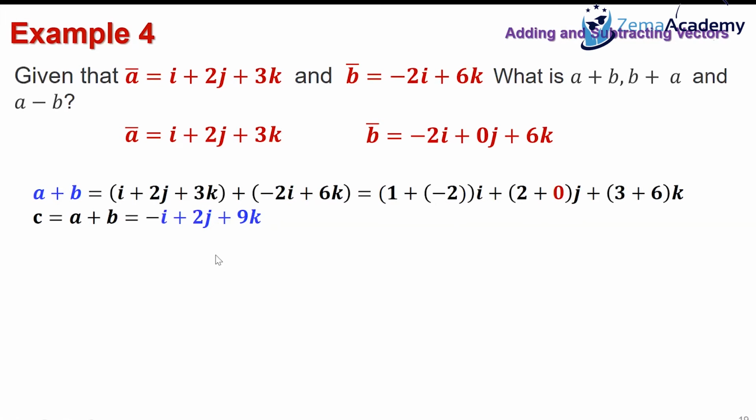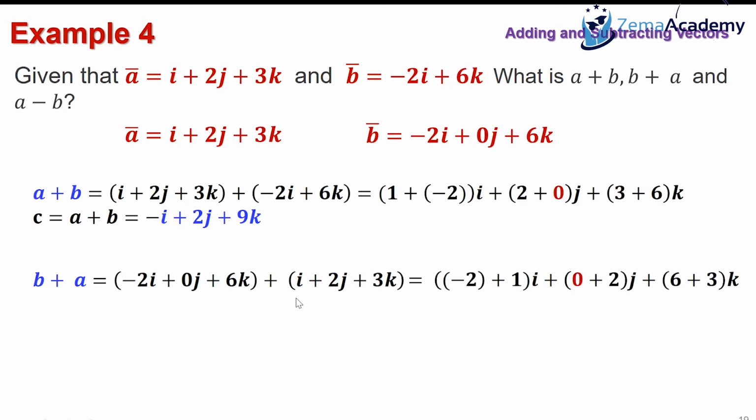From here you are getting 2j, and from there you are getting 9k. Similarly, you can follow the other example, which is B plus A. Over here you can see that again all you do is the same process, and you will end up with the same answer.